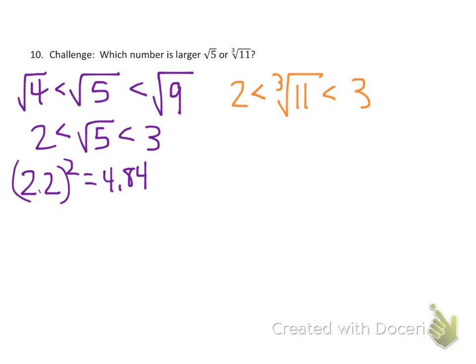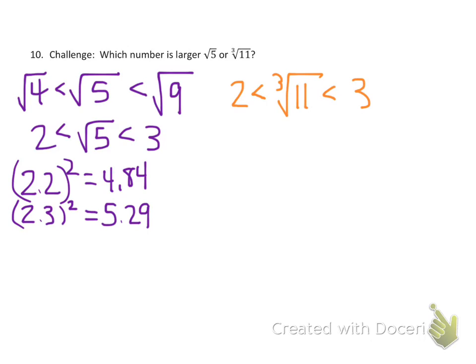And so that's a little bit too small, but not too much too small. So 2.3 squared would be, let's clear this, I'm using a calculator, 2.3 times 2.3 is 5.29. Okay, so we've boxed 5 in here, right? 5 goes in between those two. So its square root is going to be between 2.2 and 2.3.